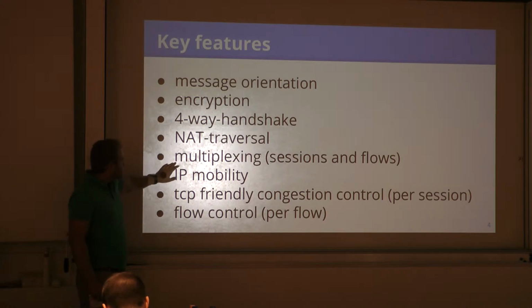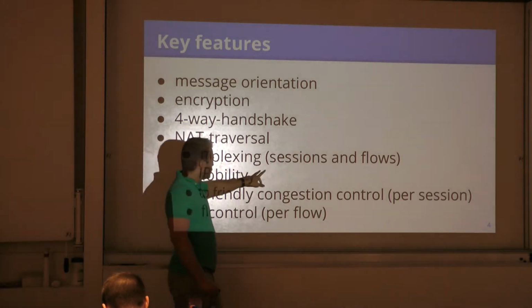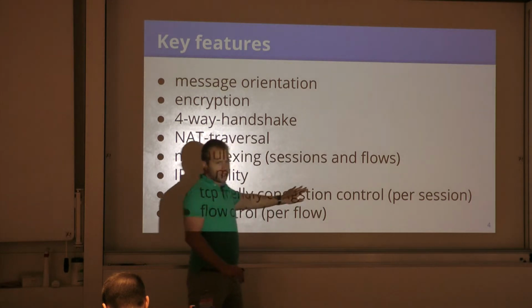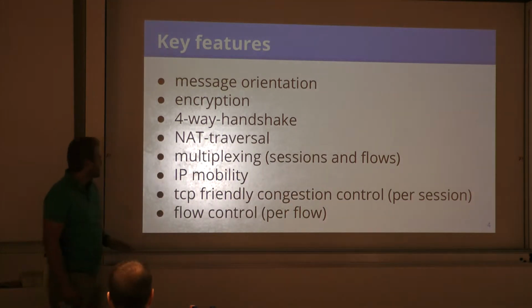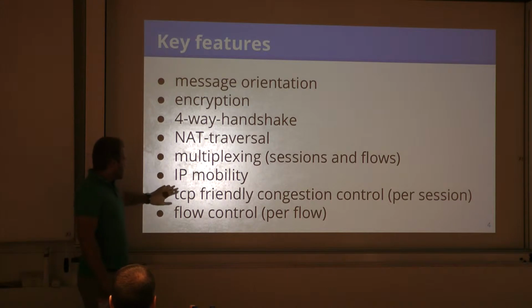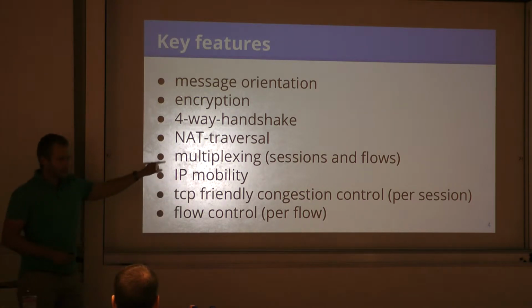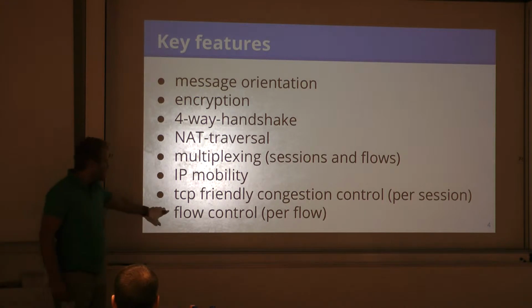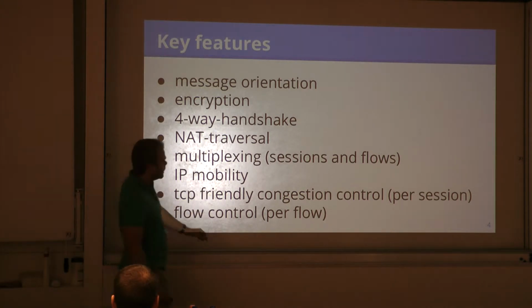It's capable of multiplexing. The keywords are sessions and flows. We will see on the next slide what this means. Then there is IP mobility, and this was especially in our focus. It has a TCP-friendly congestion control per session and a flow control per flow.